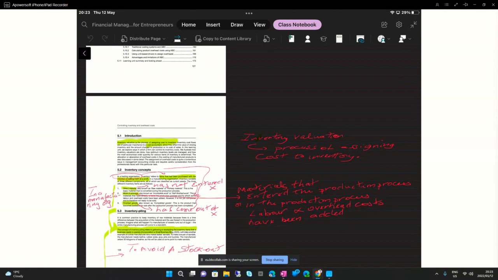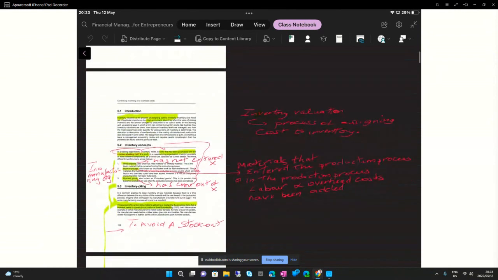So you have, for instance, the inventory concept in a trading organization. The inventory will refer to items that have been purchased with the intention of selling them for profit. That's when we talk about trading, right? Not necessarily the manufacturing. So we are talking about a trading organization as opposed to a manufacturing organization.